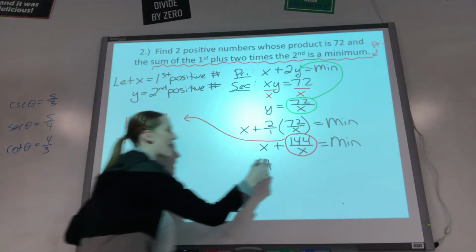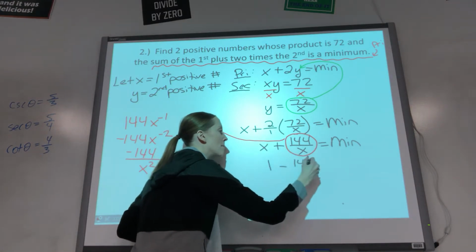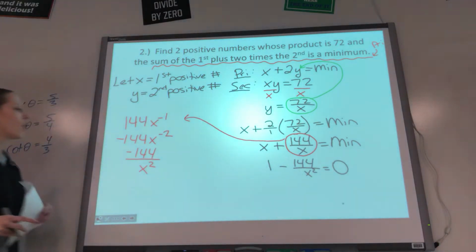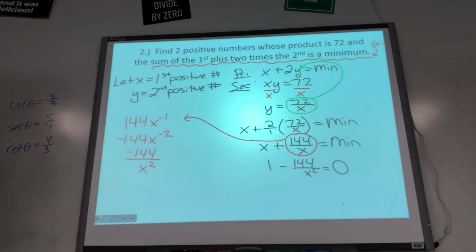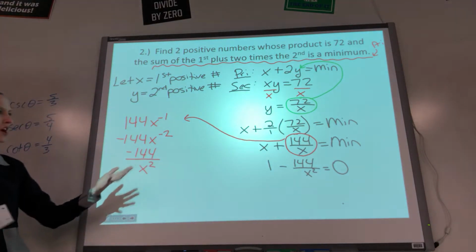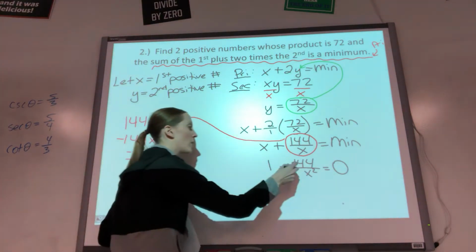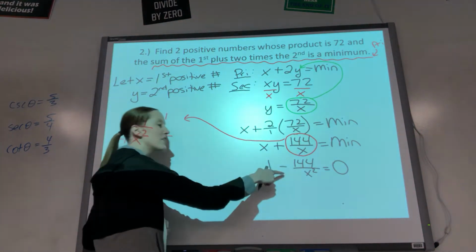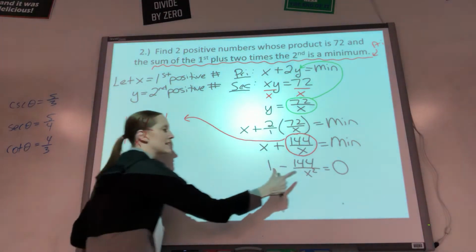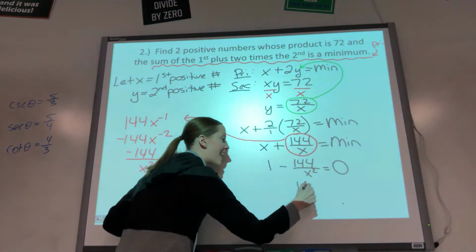Now when I put that back in, I'll take 1 minus 144 over x squared. And again, I don't know what the min is, but I know it's just a number, and derivative of any number is just 0. Okay, to solve this for x, what I would do first is basically add this term to the other side.